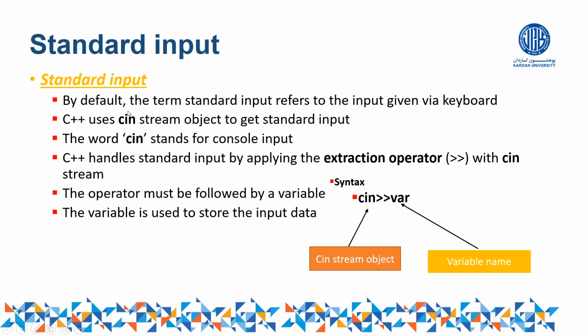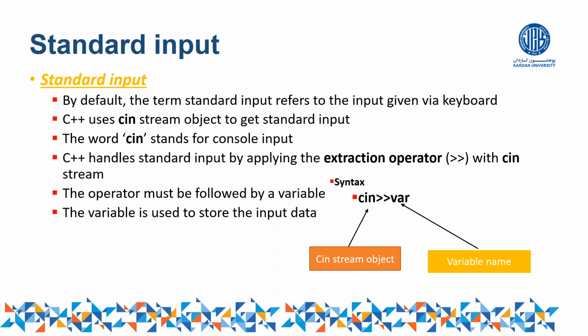One is cout, which is used to display something, and the other one is cin. We will work on cin and see how we can use this stream object. The cin stream object is defined in the iostream header file, which is why we include it.